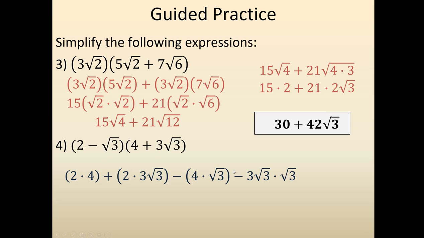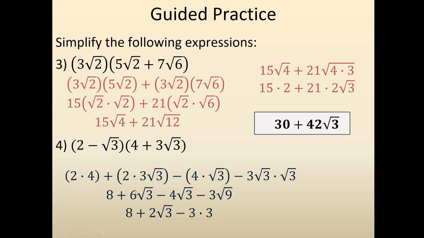So we get this entire string. Going through all the math, 2 times 4 is 8, 2 times 3 rad 3 is 6 rad 3, negative 4 rad 3 is just by itself, and then we get 3 rad 3 times rad 3, which will get us rad 9.